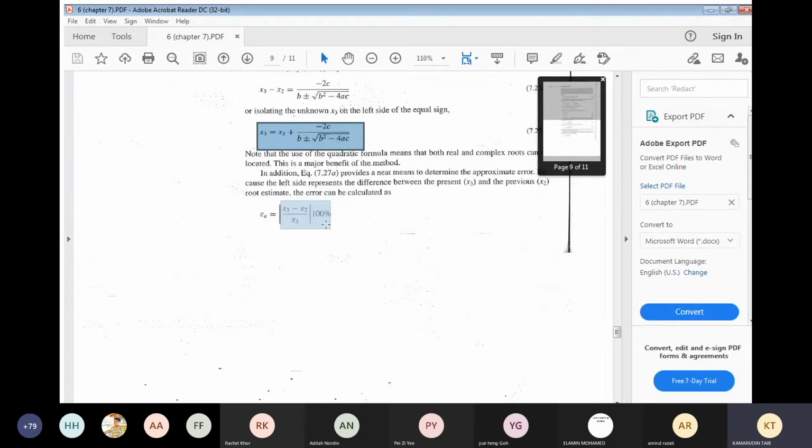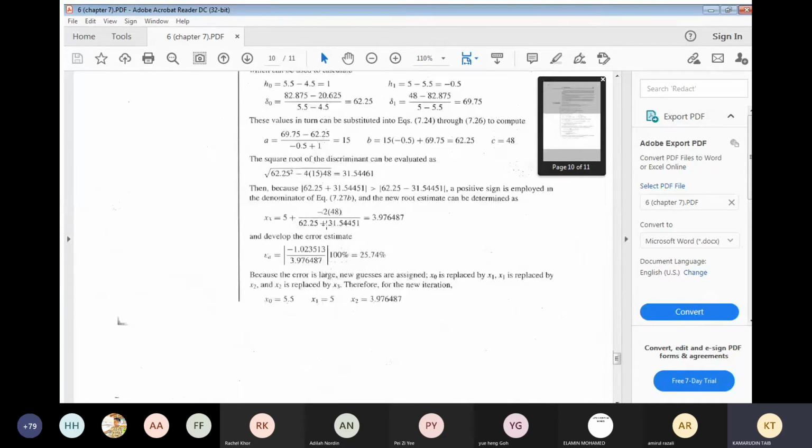The relative error is calculated from this equation: x3 minus x2, divided by x3, take the absolute value, times 100. Because the error is large, new guesses are assigned. x0 is replaced by x1, x1 is replaced by x2, and x2 is replaced by x3.